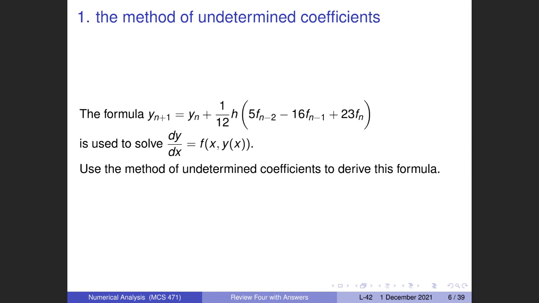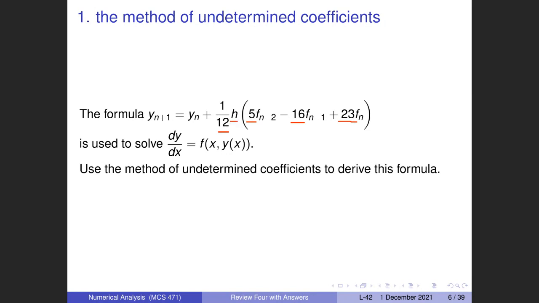So how does the method of undetermined coefficients work? We want to determine weights. In this context, you have actually been given the answer. The weights are 5 over 12, minus 16 over 12, and 23 over 12. What you need to find are the weights, and they are multiplied with h.